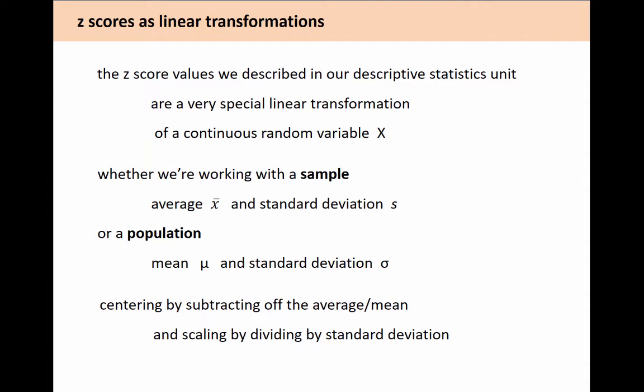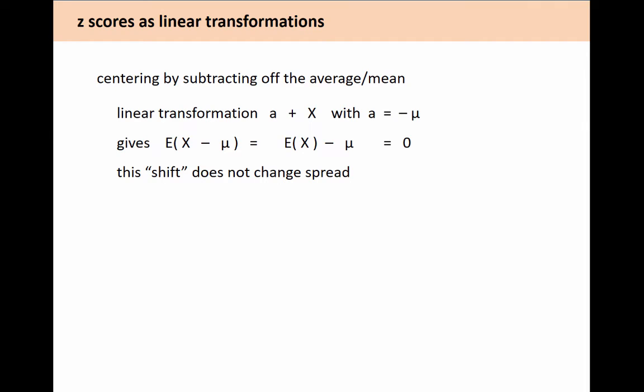So basically, as I mentioned, centering is subtracting off the average or the mean, scaling is dividing by the standard deviation. So this is what it looks like for z-scores if we translate into the notation for constants that we've used here. So when we center, we're making a linear transformation a plus x with a equal to minus mu to line up the algebra.